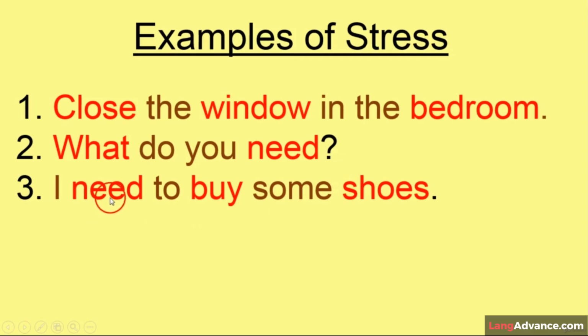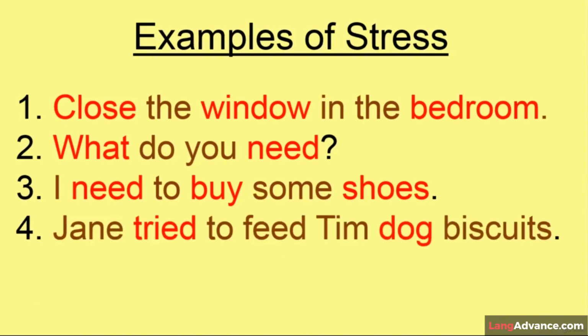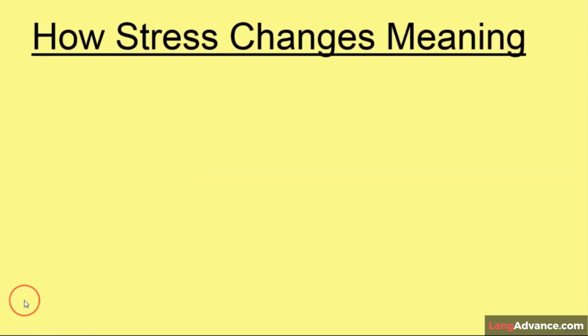Here the stress is on need, buy, and shoes. I need to buy some shoes. Jane tried to feed Tim dog biscuits. Now here the stress is on tried and dog. Jane tried to feed Tim dog biscuits.